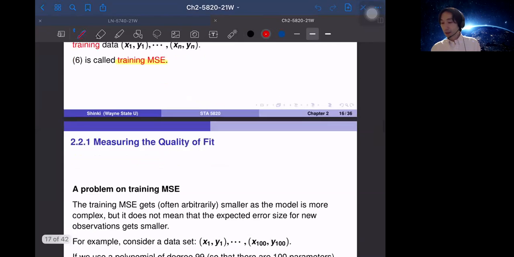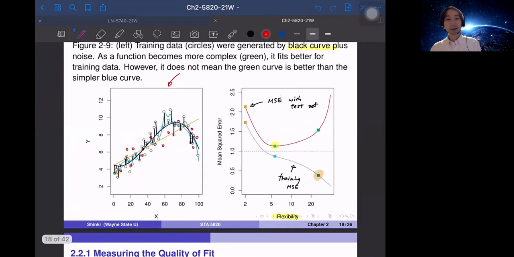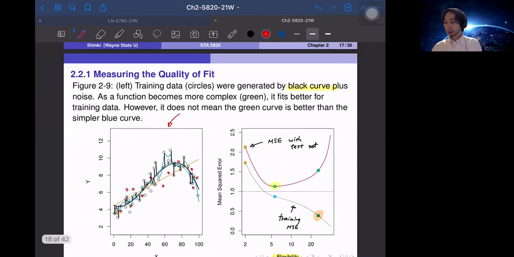That's why we prepare the concept of test set, so that we basically divide the data set into 2: training set and test set. Realistically, suppose we have 300 observations, we put maybe 150 observations in the training set, and the other 150 for the test set.